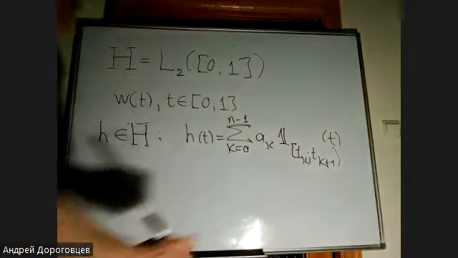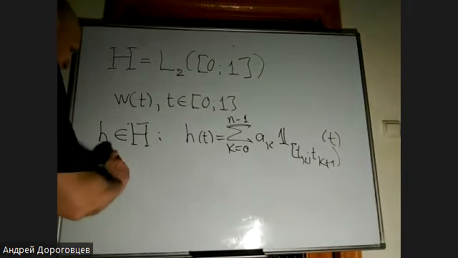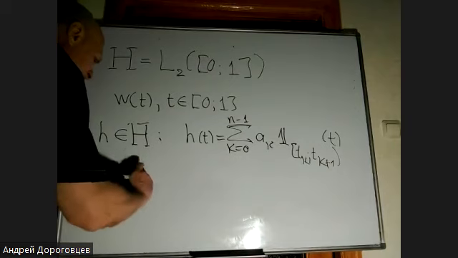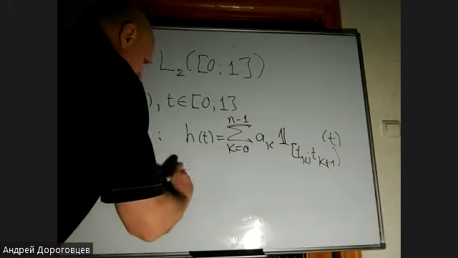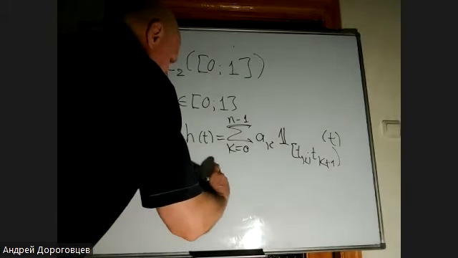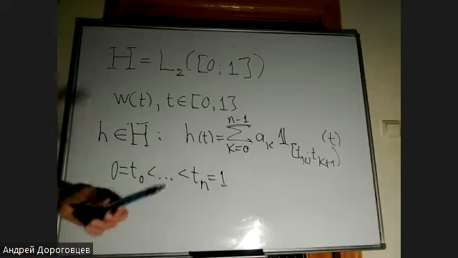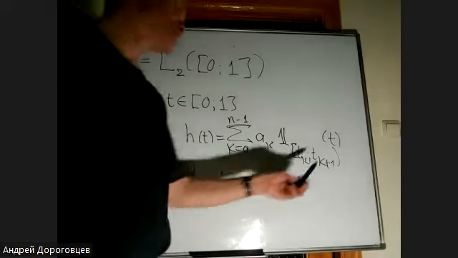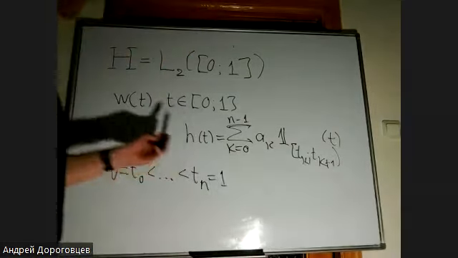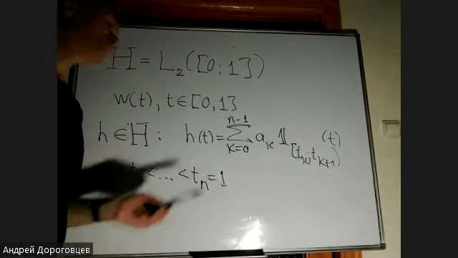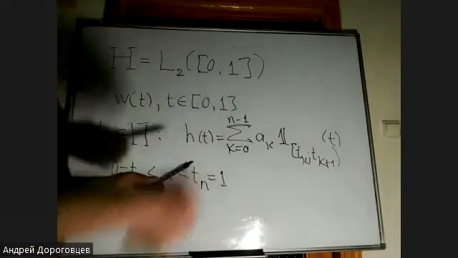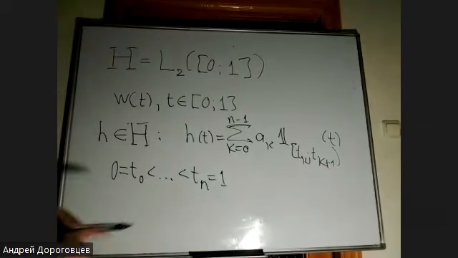Here is the partition 0 = t_0 < ... < t_n = 1. I am not paying attention to the brackets because we have elements of L2 and it does not matter how it looks at some fixed point. So we have such a function h(t).